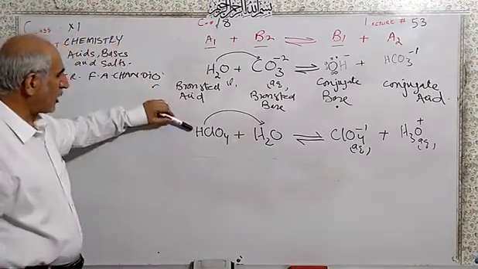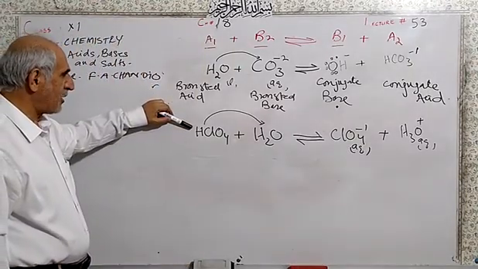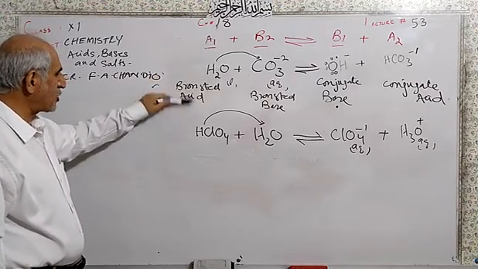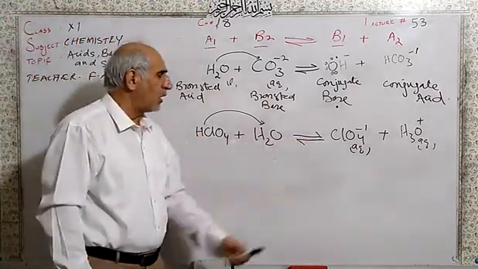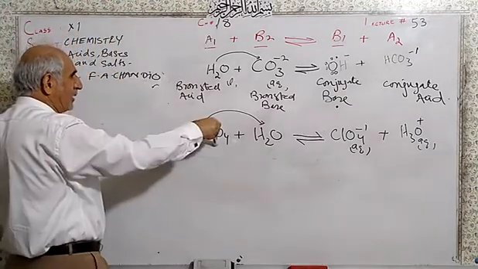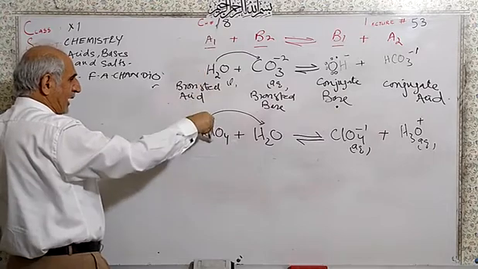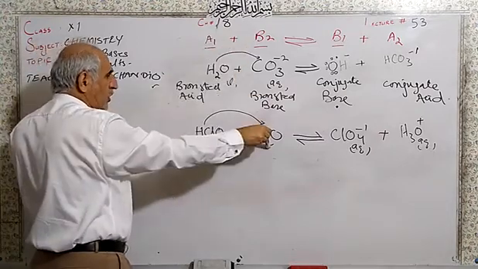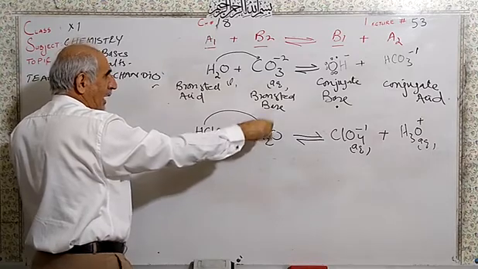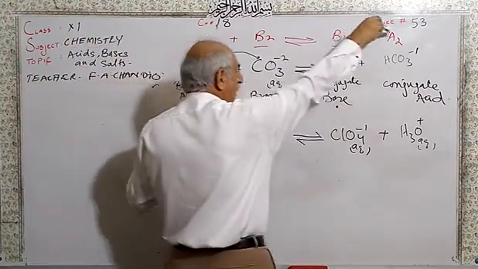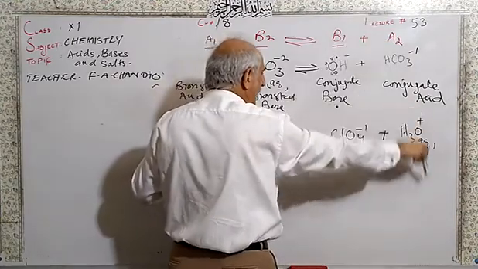So this is the perchlorate, very strong acid. Bronsted acids, strong acids always give weak conjugate base. So this is the A1 Bronsted acid, B2 Bronsted base, and this is the B1 conjugate base. A2 is a conjugate acid.